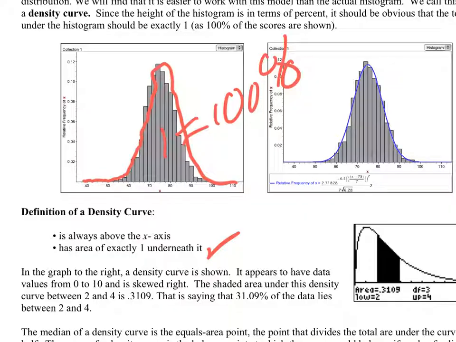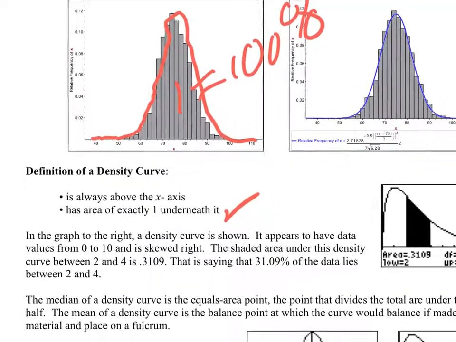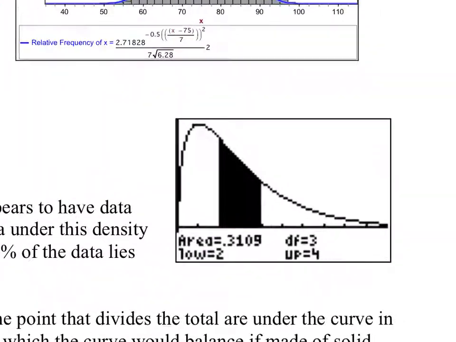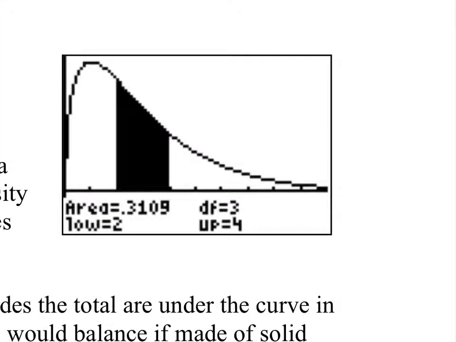And so by doing that, if you were to look at this density curve that you could draw in your calculator, you'll notice that it shaded a region. If you look at it close, it's actually telling you exactly what the area was that was shaded. You should notice that it's a portion of 1, because last I checked, 0.3109 is less than 1.